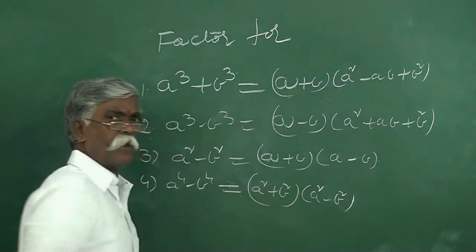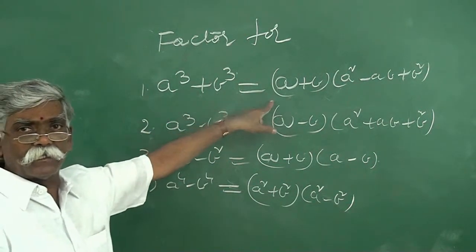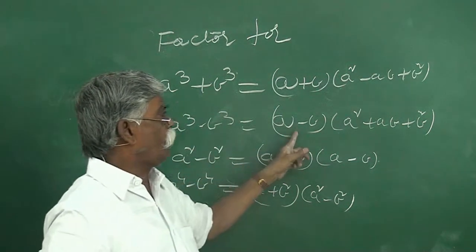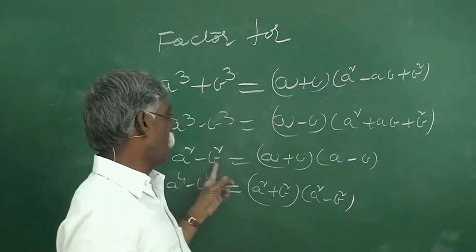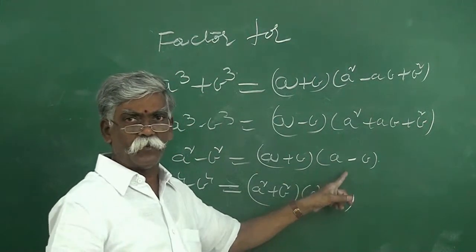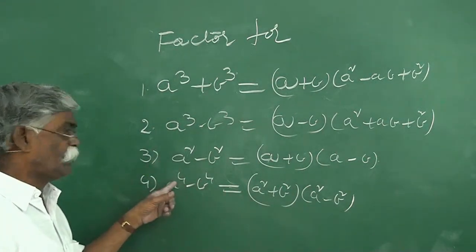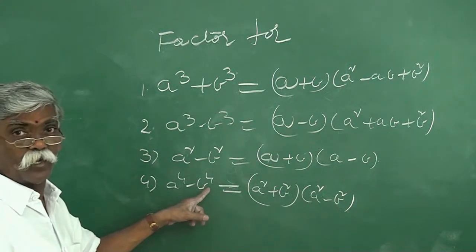Therefore, a cube plus b cube is (a plus b) into (a square minus ab plus b square). A cube minus b cube is equal to (a minus b) into (a square plus ab plus b square). And a square minus b square is (a plus b) into (a minus b). This is derived from this only, because this is (a square) whole square minus (b square) whole square.